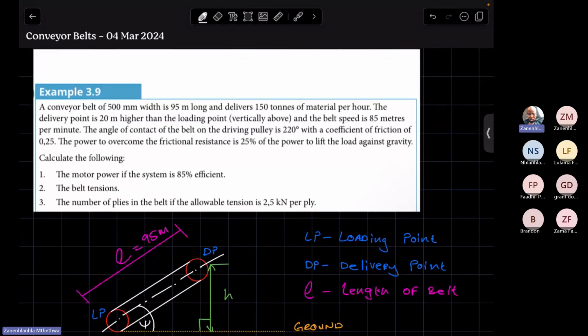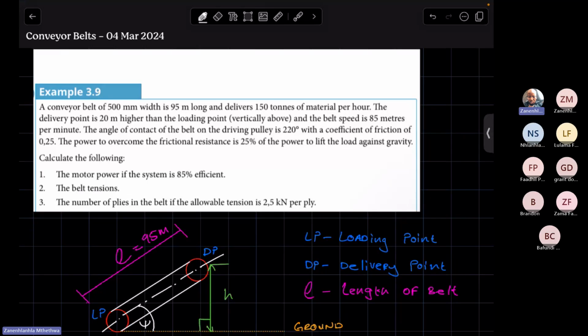Right. The angle of contact of the belt on the driver pulley is 220 degrees with a coefficient of friction of 0.25, right? The power to overcome friction, the frictional resistance is 25% of the power to lift the load against gravity, right?